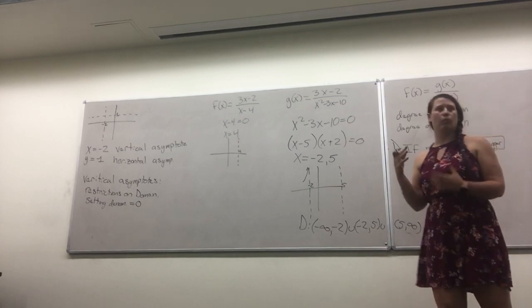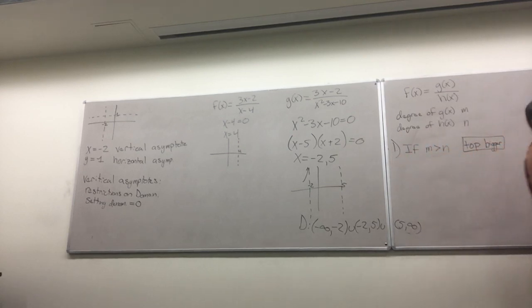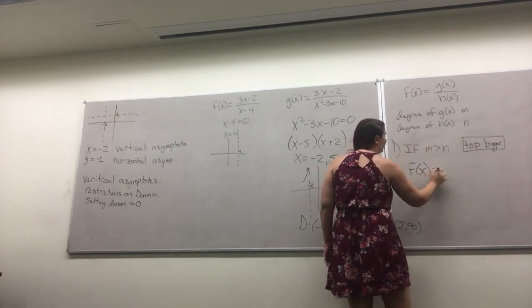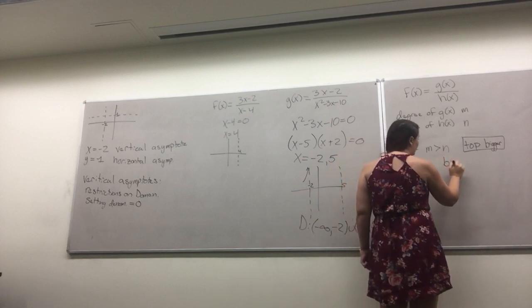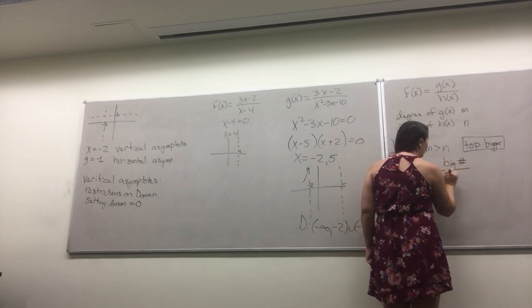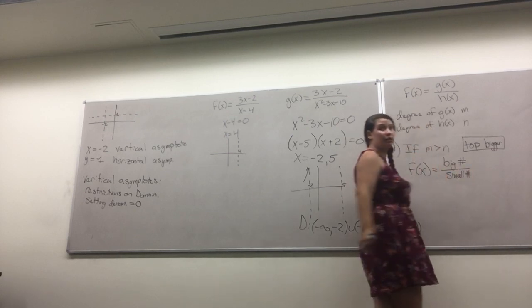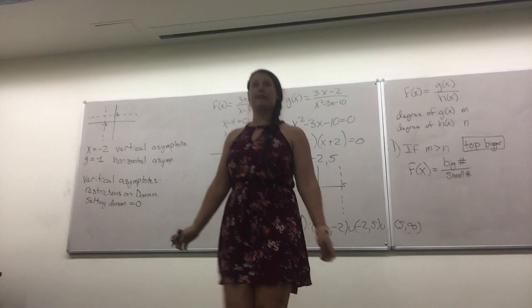So, what happens here? What we're looking at is that if the top degree is bigger, then f of x will be a big number over a small number. We're being very scientific here, okay?